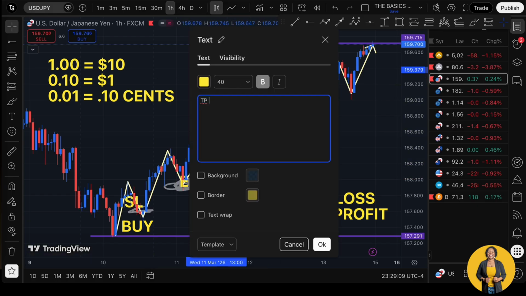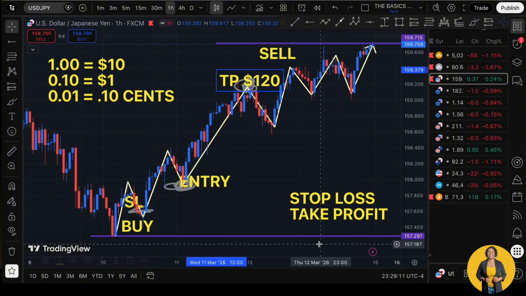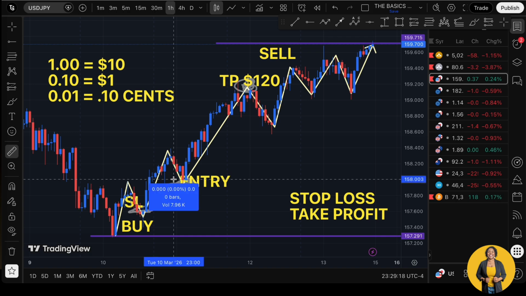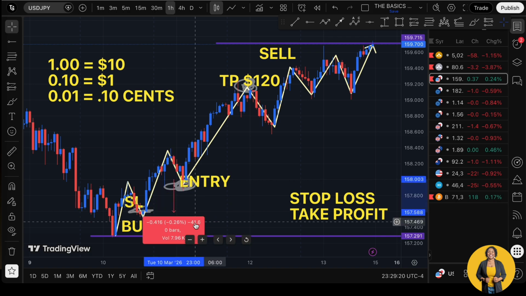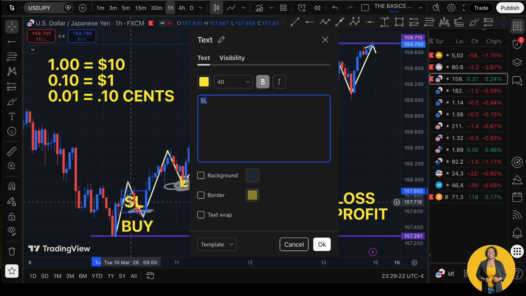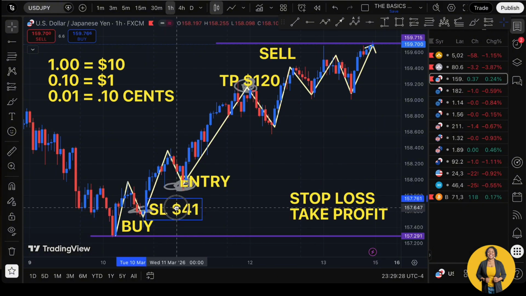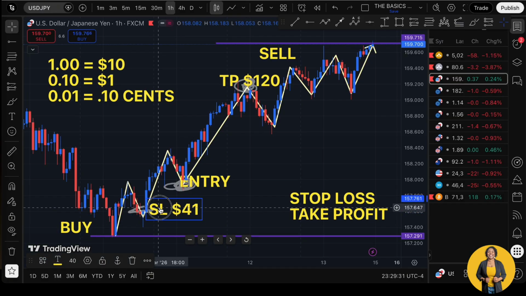So we're going to put $120 because it moved 120 moves. Now we have to go calculate what is our stop loss? How much is that risk? If we enter the trade here and we say this is our stop loss, that's 41 moves. So we can tell our stop loss is going to be $41, right? $41.